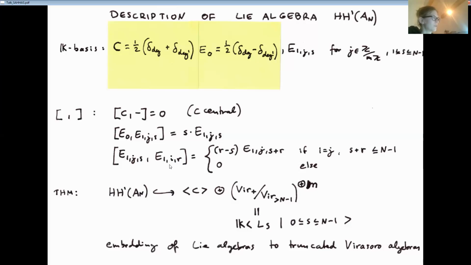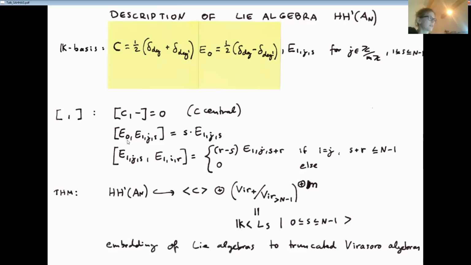And if we are at the same vertex and S plus R is still less or equal to n minus 1, then we will go from E1IS and E1IR to E1IS plus R with a factor of R minus 2S.